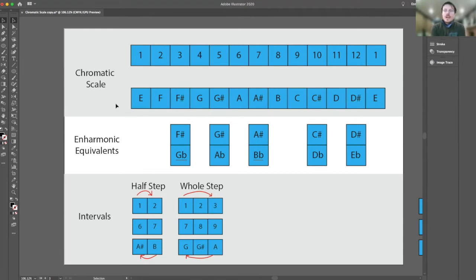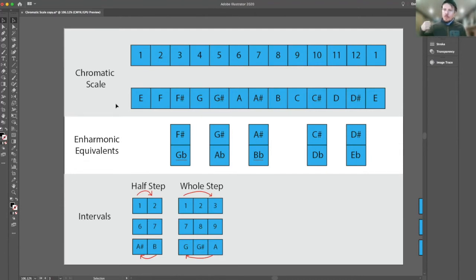Okay, so the reason why I have it starting at E is because this whole thing is aimed towards guitar players. If you know the names of your strings, and if you don't, you will sometime soon, your lowest string, the string that's closest to your face when you're playing, is an E string.